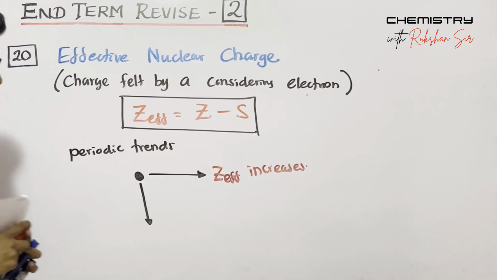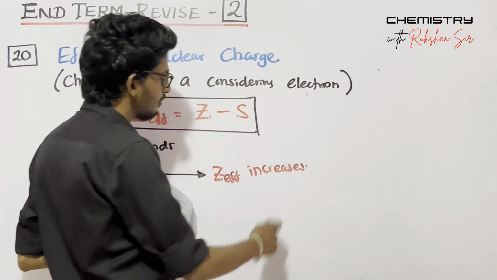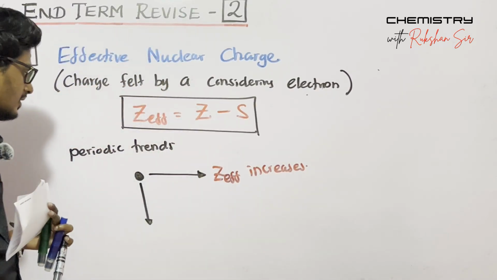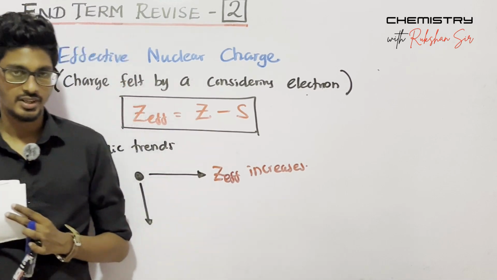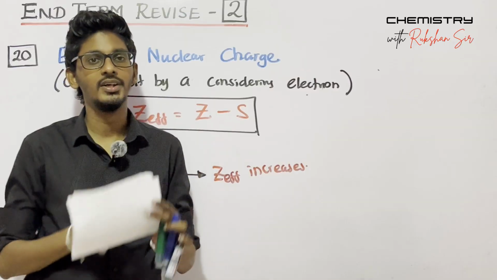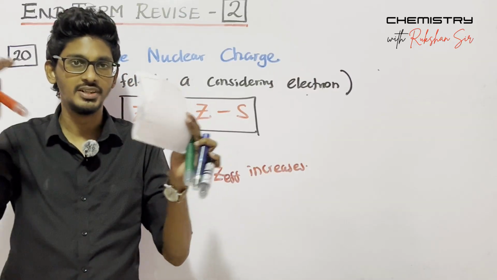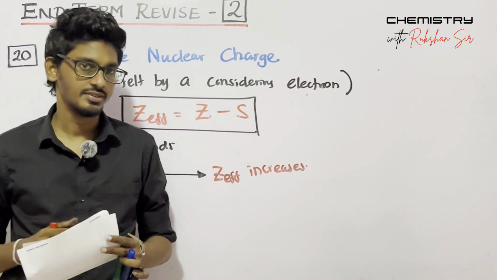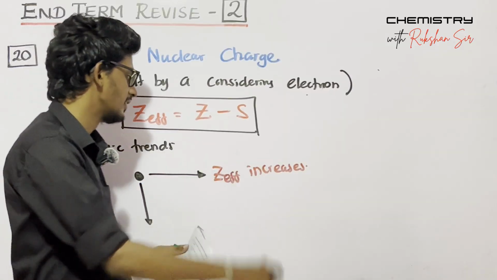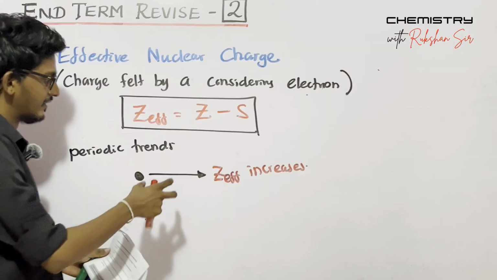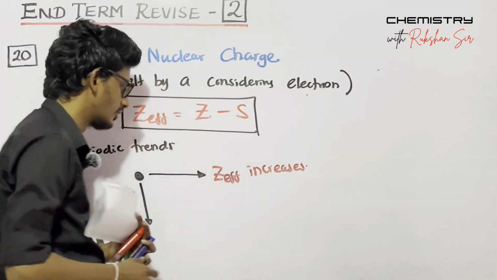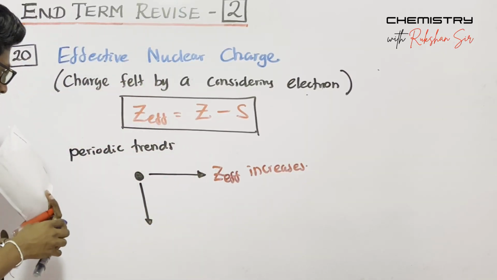That is why the atomic radii become smaller going towards the right of a period, as the valence electrons are greatly attracted towards the nucleus. So effective charge increases going towards the right of a period.